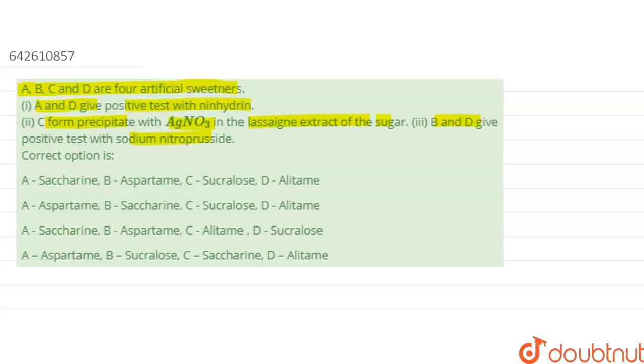Okay, so now to solve this question, let us take the first statement, that is A and D give positive test with ninhydrin. In this we all know that amino acids give the positive test with the ninhydrin, or we can say proteins will give the positive test.